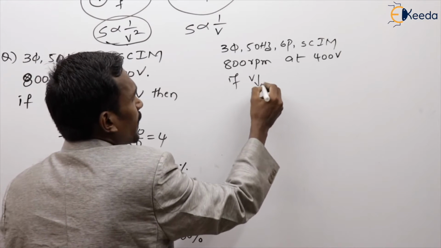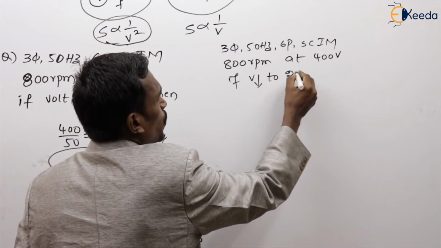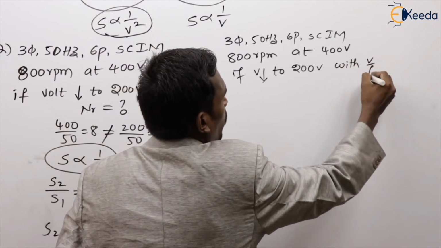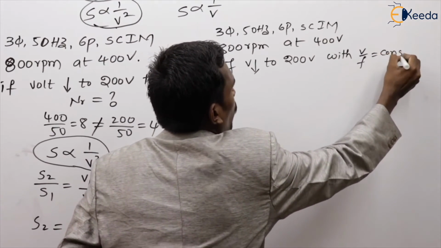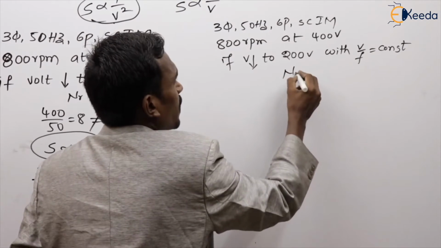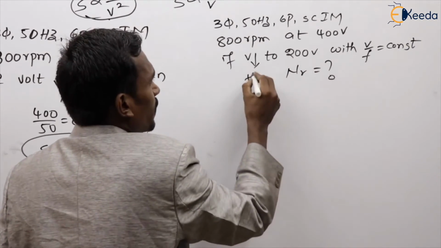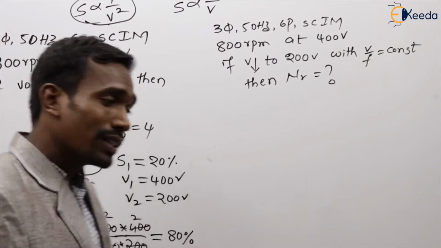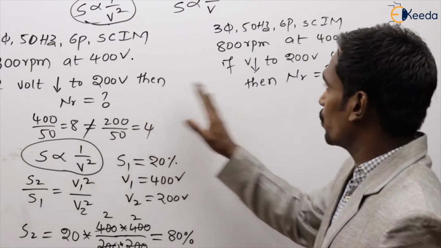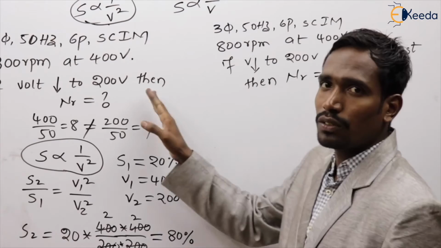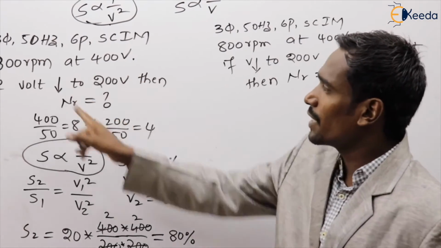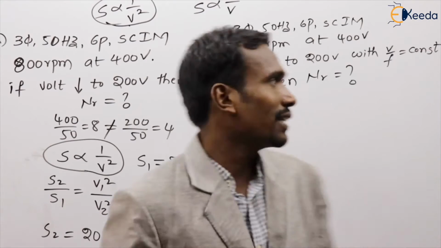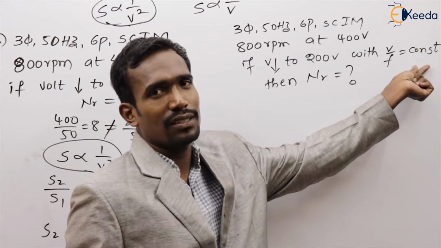If voltage is reduced to 200 volts with V by F constant, then the rotor speed is what? Observe the difference between the two questions. The first does not mention frequency or the V by F ratio, but here they mention V by F constant.